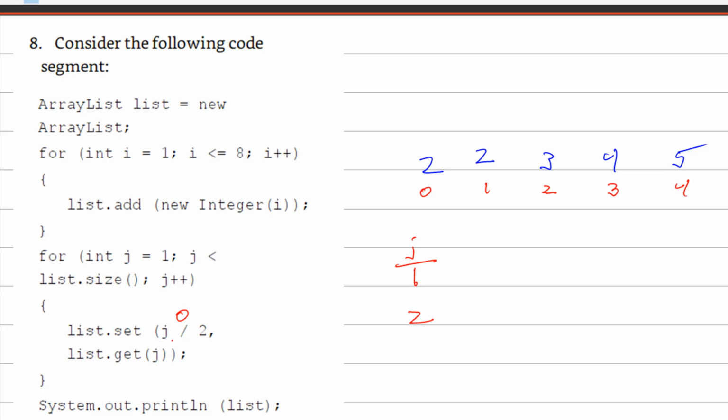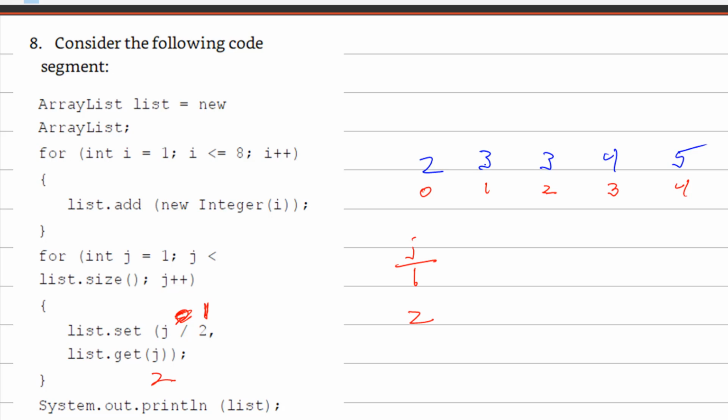So what do I get? list.set(j / 2, ...) well, that's 2 over 2, which is going to be 1. And list.get(j), well, j is 2. So I'm getting what's in the 2 position, and I'm overwriting what's in the 1 position. That means I'm going to take the 3 and overwrite the 2 that's in the 1 position. So I'm going to put a 3 there.